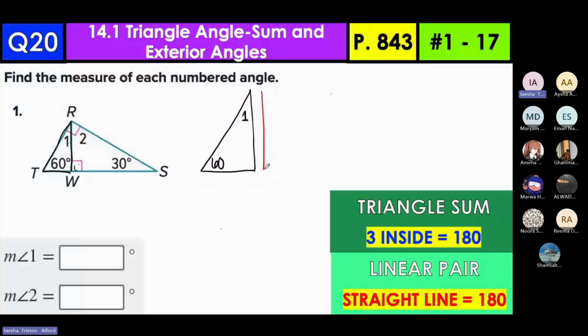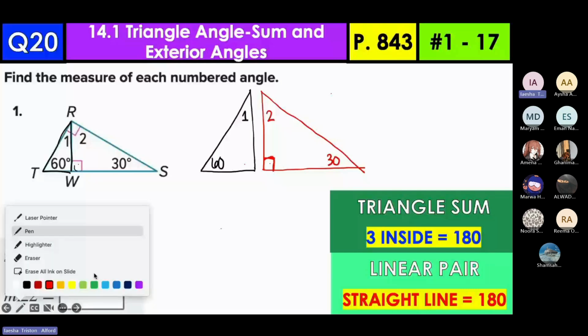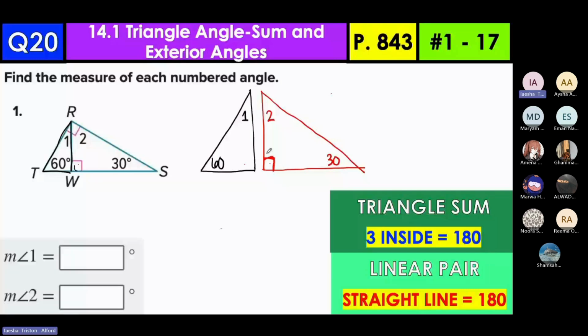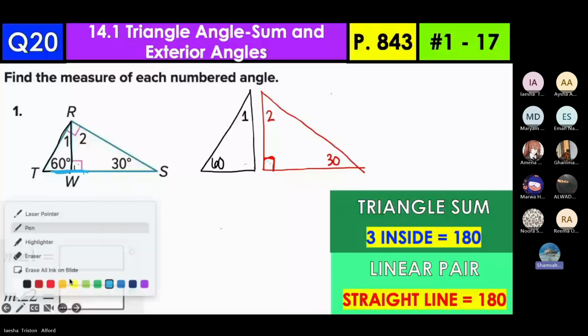So this is the triangle right next door. This is 90. This is 2. And this is 30. So if this one is 90, what should be here? 90. Why? Because it's a right triangle. Well, if this is 90 and this is 90, what is this called? Triangle sum or linear pair?